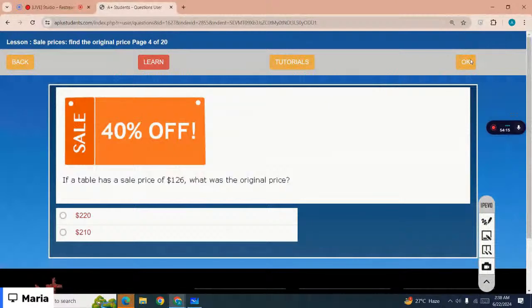So, what was the original price? The correct option is $210. Option number two is the correct option.